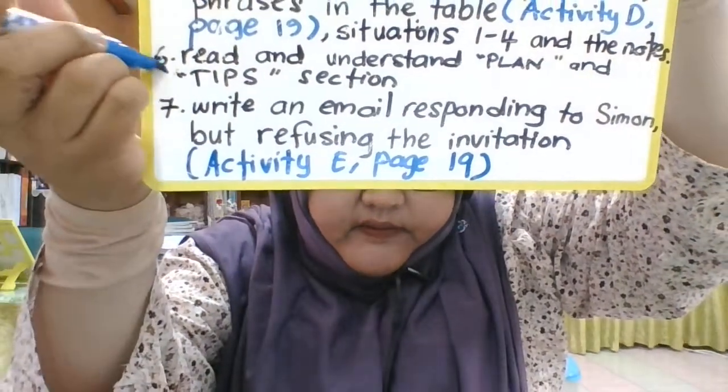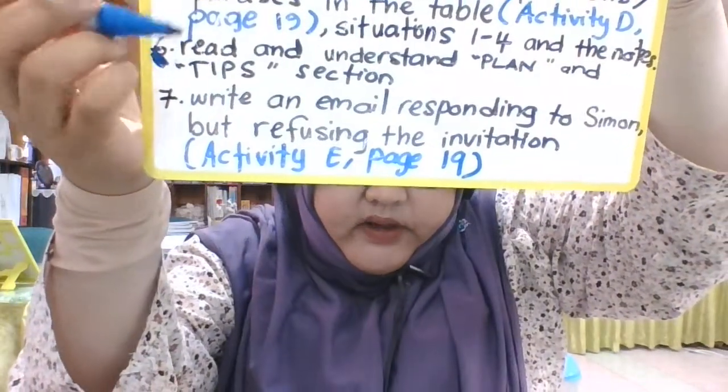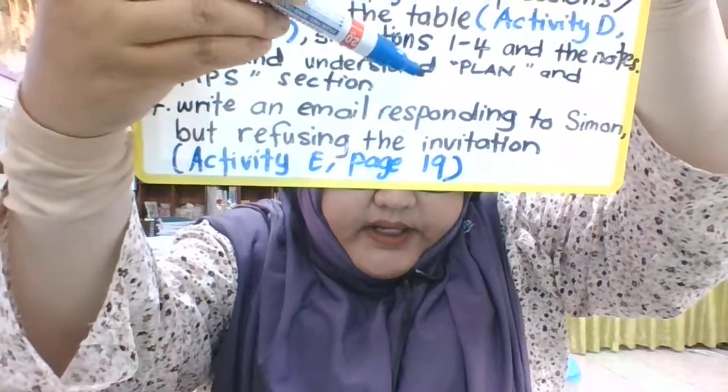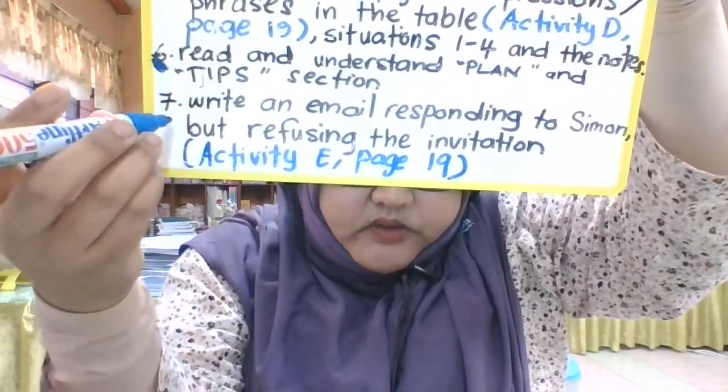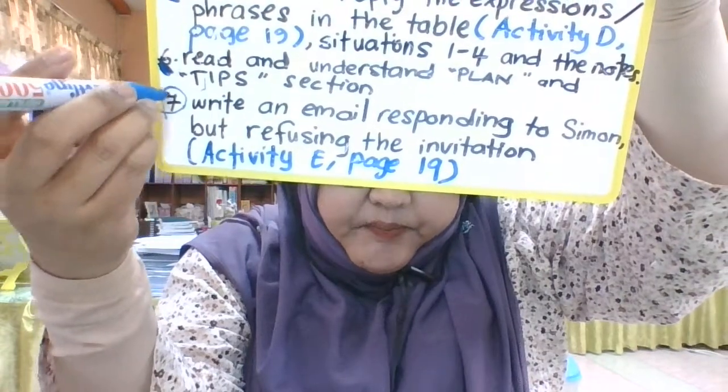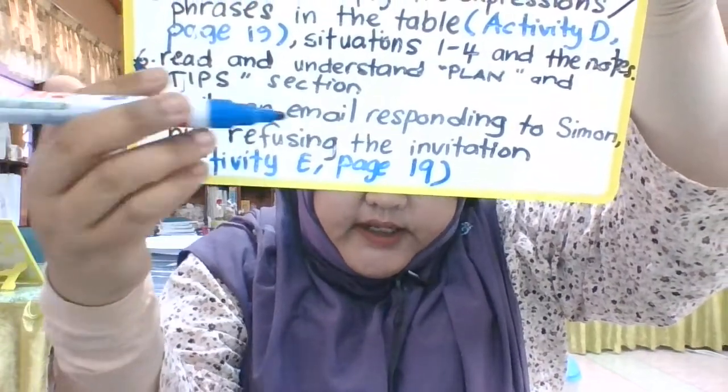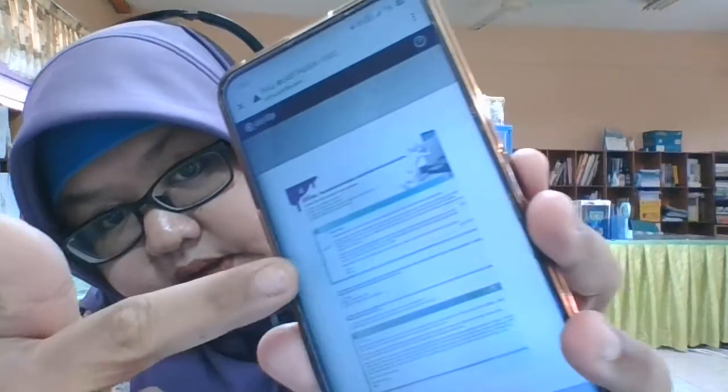So we did this and I explained to you about this. Read and understand plan and tip section. And now the ultimate goal of our lesson is here. You need to write an email responding to Simon. Where is Simon's email? Okay, it is this page.